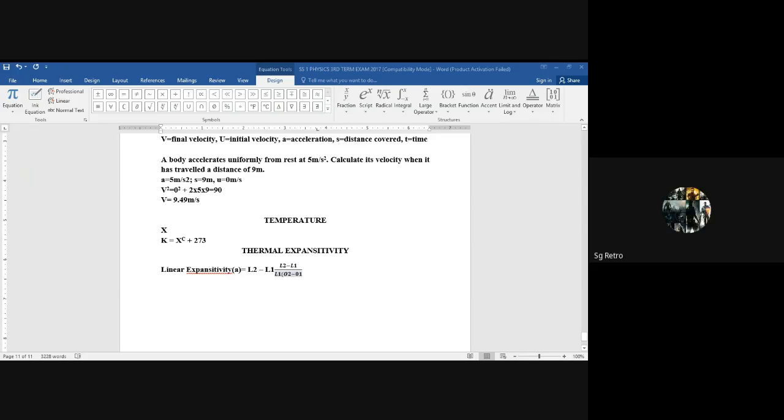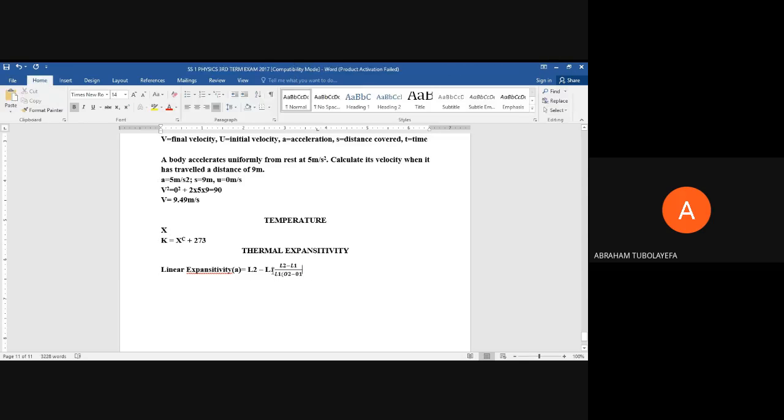All right, so that's the formula for calculating linear expansivity. L2 represents the final length, L1 represents the original length, while theta 2 and theta 1 represent the final temperature and the initial temperature.